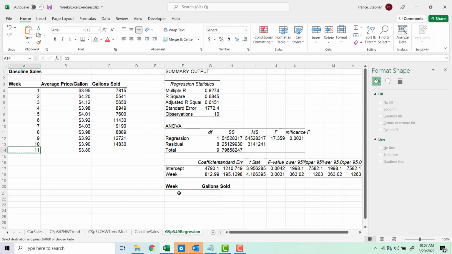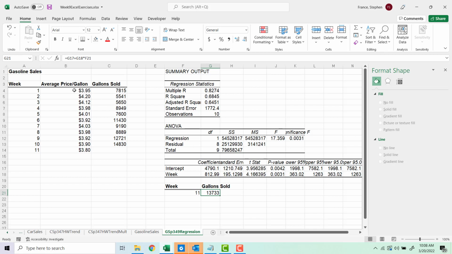Then we can predict for week 11: we have the intercept, plus our coefficient, beta 1, times the week. As this is the only one I'm doing, I don't need to worry about dollar signs at the moment. So that's our prediction for gallons sold.